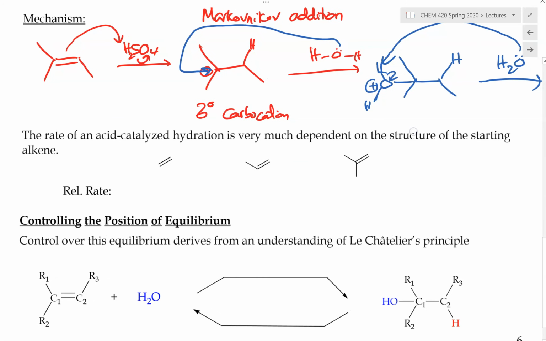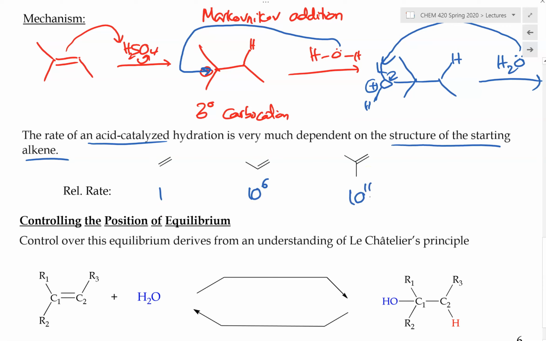And we have observed that the rate of an acid-catalyzed hydration reaction is very much dependent on the structure of the starting alkene. So here in this case, the relative rates of these three different alkenes in acid-catalyzed hydration are as follows: 1, a million, and 2 times 10 to the 11th.